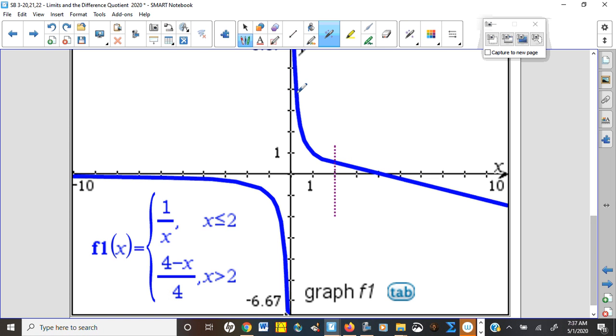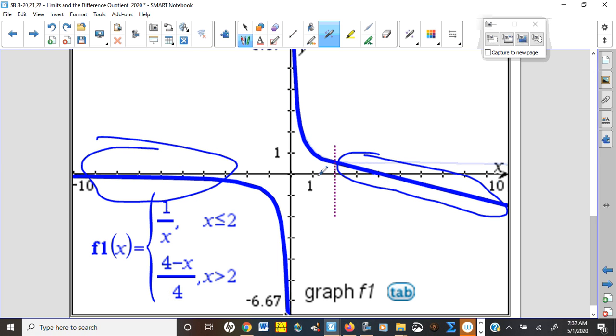rational function 1 over x, right? This 1 over x right here doesn't go past 0. It comes down and it keeps going like this, approaching the x-axis, the horizontal axis. So when this thing breaks down like this, we're like, oh wait, that's not natural. It's supposed to kind of look more like this, but it doesn't.